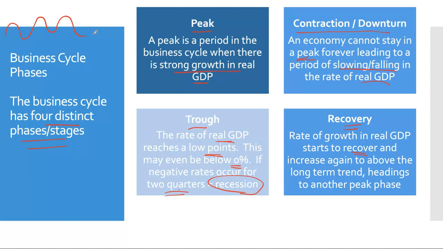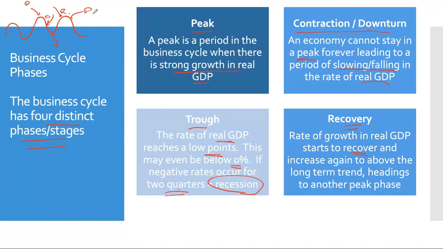Let's assume the economy is at a peak, so the best time. This is not sustainable, so we're then going to have a contraction or a downturn, leading to a trough and then a recovery. So we're going to have a peak, a downturn, a trough, then recovery, hopefully leading to another peak.